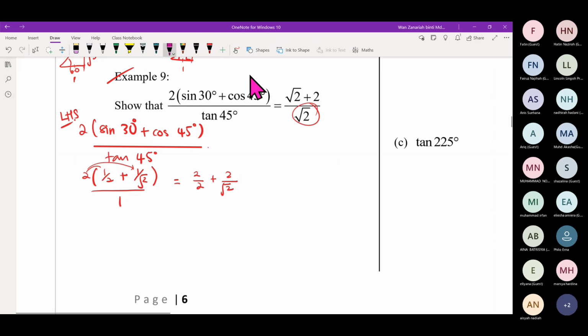Root A times with root A, you get A. So if I substitute A, if I replace A with 2, so root 2, I will get 2. So this one I multiply with root 2, top and bottom. So what will I get? 2 plus 2 root 2 over 2. Betul?